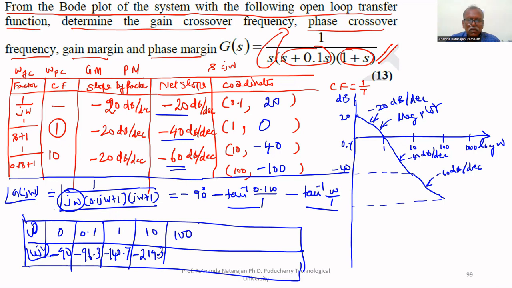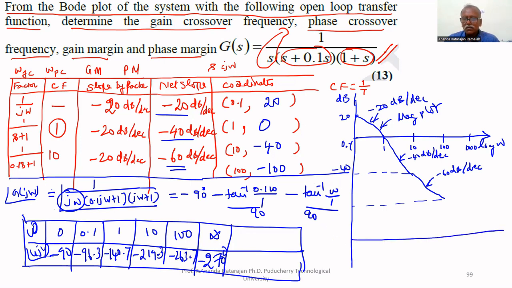When it is 100, it is minus 263.7. When it is infinity, this becomes 90, this also becomes 90, therefore minus 270 degree. So the angle varies from minus 90 to minus 270.